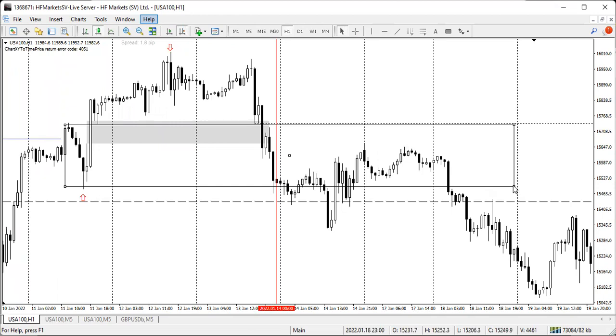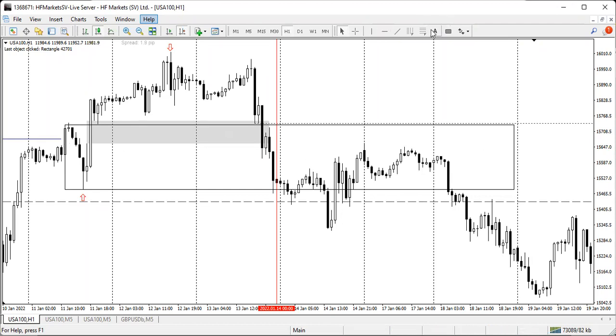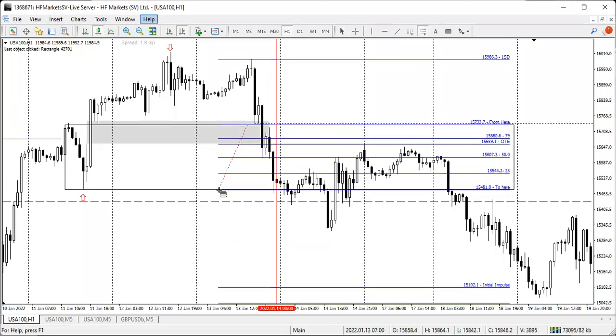Like that. So extend the range through here. It's a range still. So that to here, that's our 50% coming in right there.